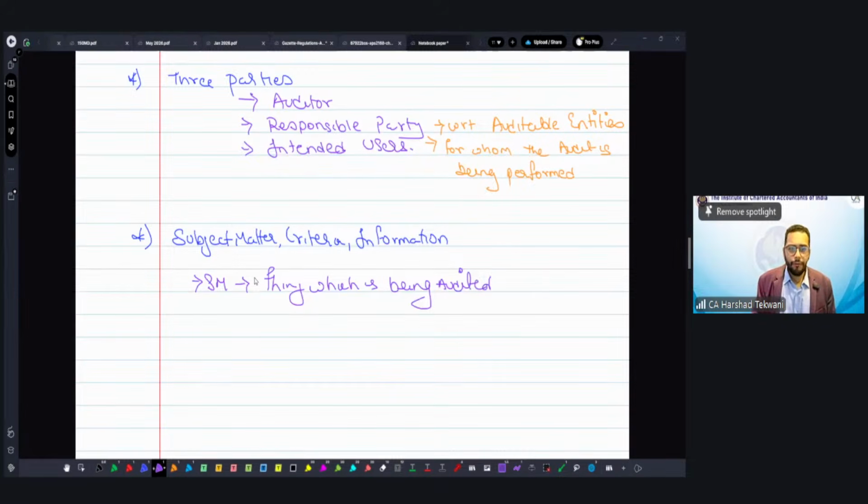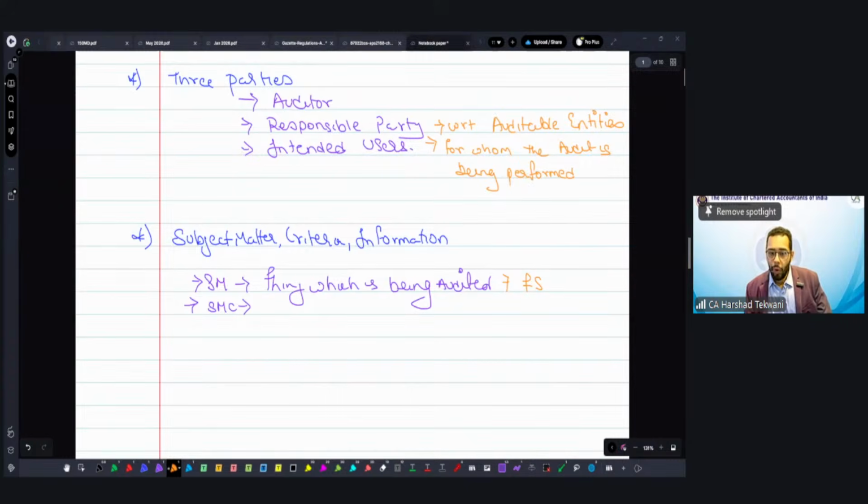When I talk about subject matter criteria, what do you mean by subject matter criteria in case of a financial audit? What is the criteria? Anyone?